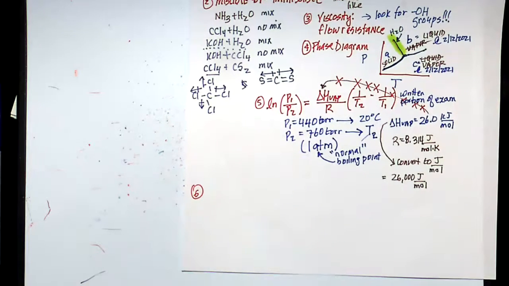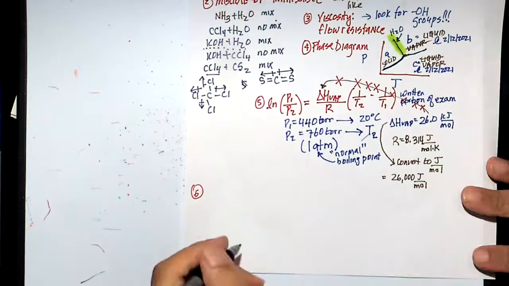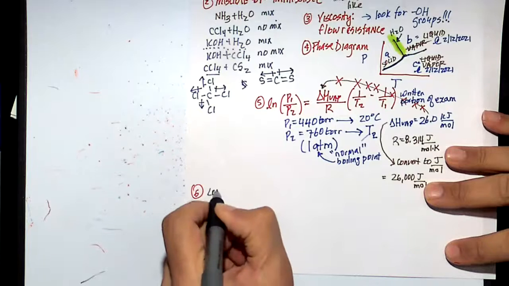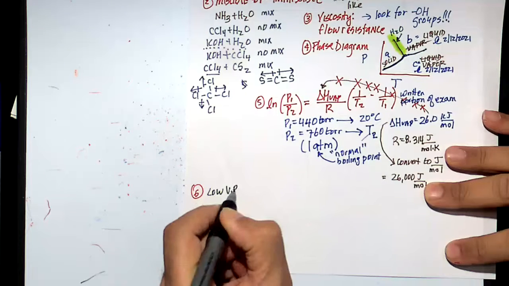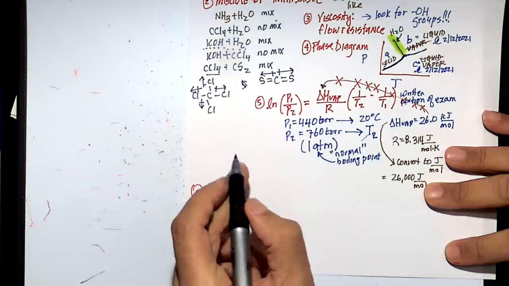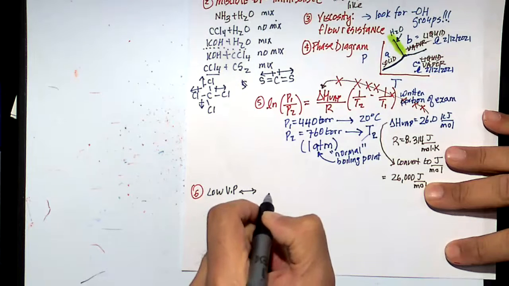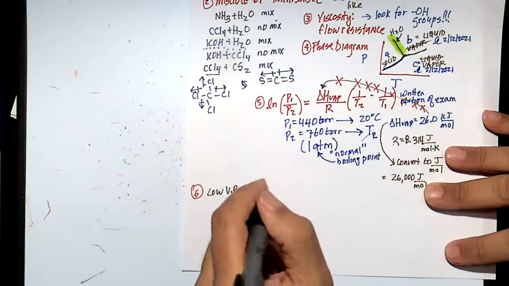A couple of other things for your multiple choice. I think we kind of covered this up top, but let's go over it again. If you have a low vapor pressure, what does that mean in terms of your intermolecular forces? Strong or weak? Strong.